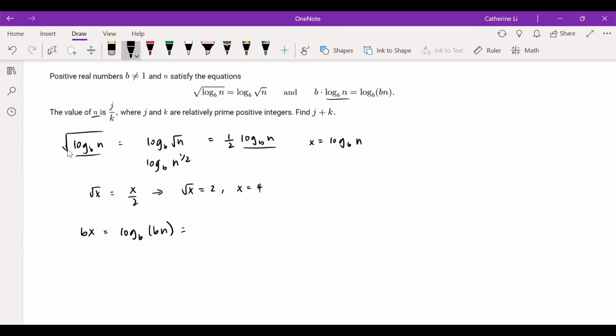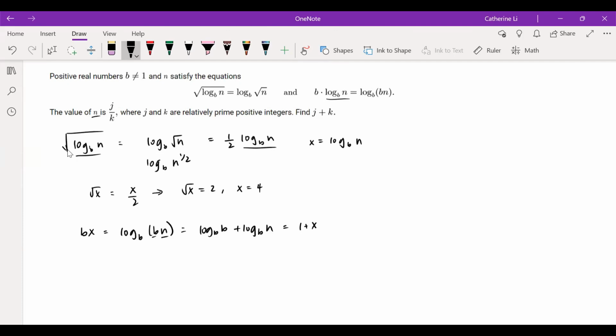And now we're going to use the product rule, which is basically we can split up these two terms in the product here. So log base b of b plus log base b of n. And we know log base b of b is just 1. So we get 1 plus log base b of n, which is x. So we're seeing the x's come up everywhere, and eventually all of our equations are only in terms of x instead of both b and n.